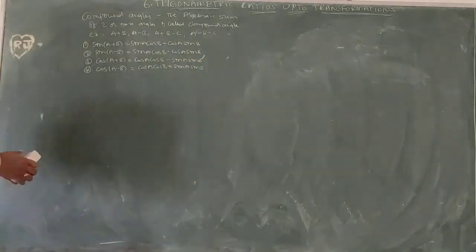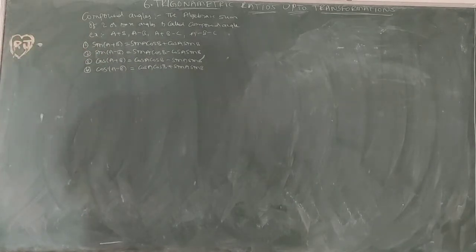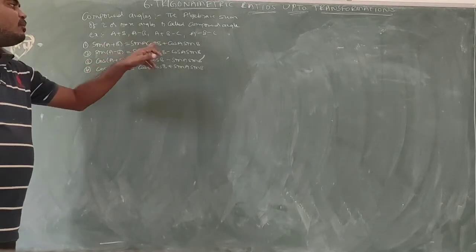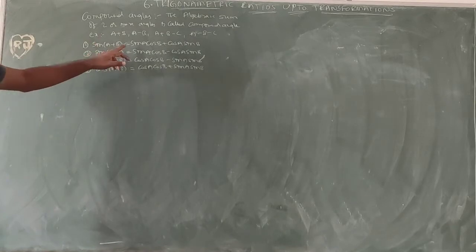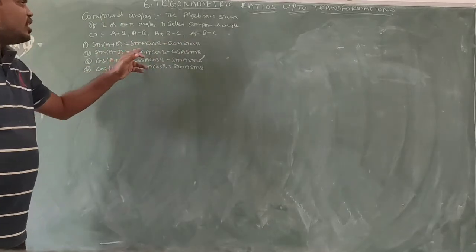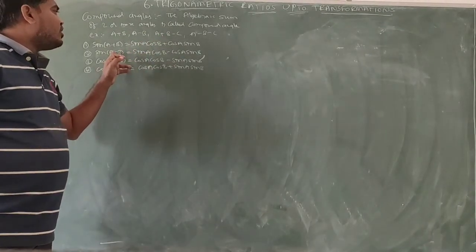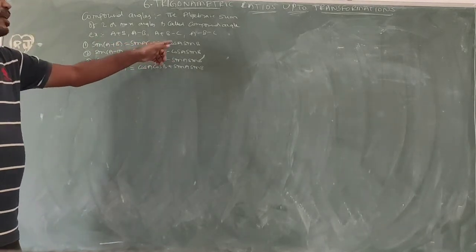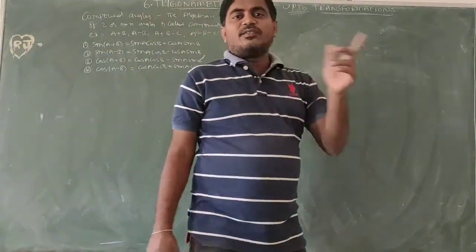Once more, sin of A plus B and sin of A minus B. If it is plus in the middle, we get plus; if it is minus in the middle, we get minus. The combination is sin A cos B, cos A sin B, a combination of sin and cos.